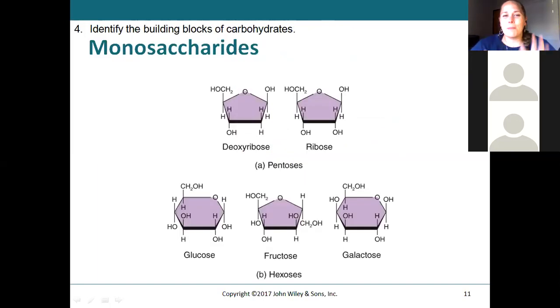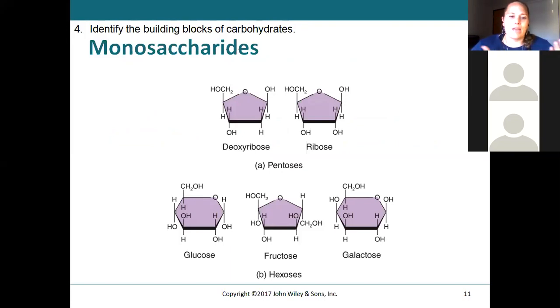Okay, so the building blocks of carbohydrates, like I said before, we've got monosaccharides. This is a great example of showing some of the structures that we just talked about. They're pentoses and hexoses. Pentoses meaning that there are 5 carbons in those ring structures, hexoses meaning that there are 6. I don't think we need to get down to that level of understanding because this is not a chemistry class. I'm not going to ask you to draw these structures.